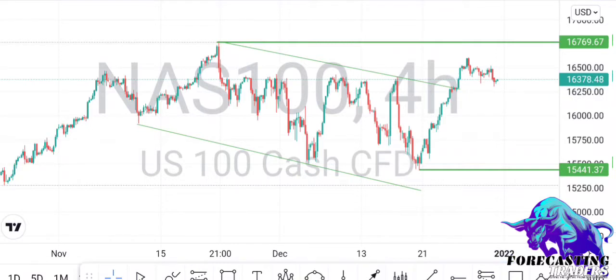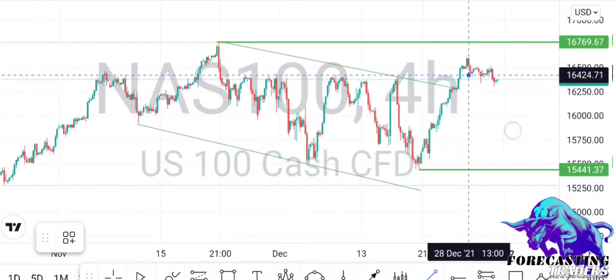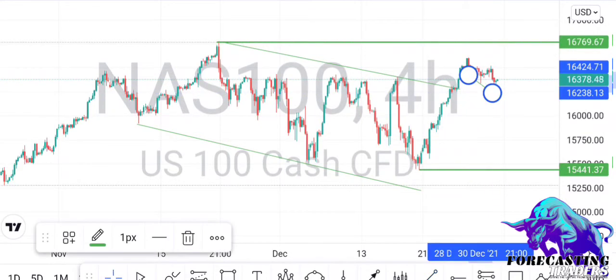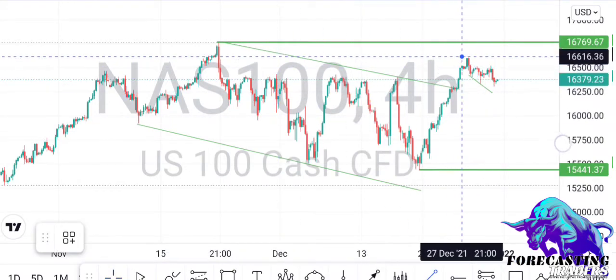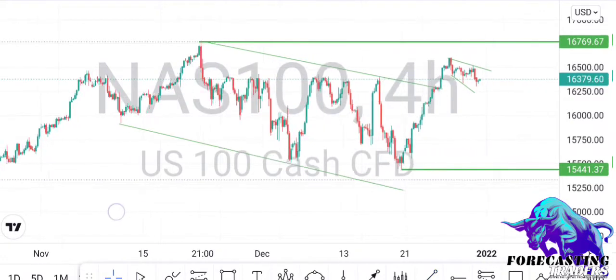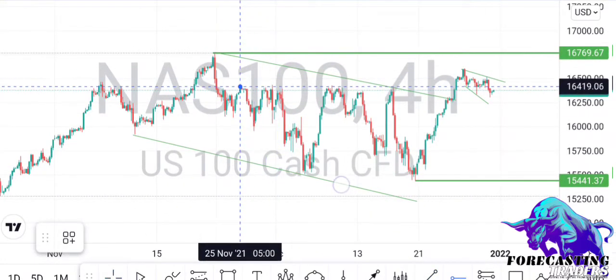So what we have to do here is to mark this, and we also had this strong resistance level.